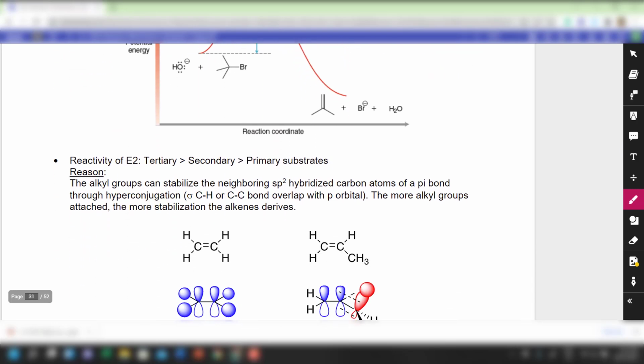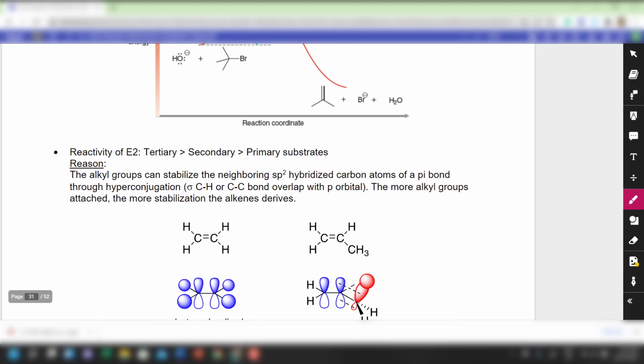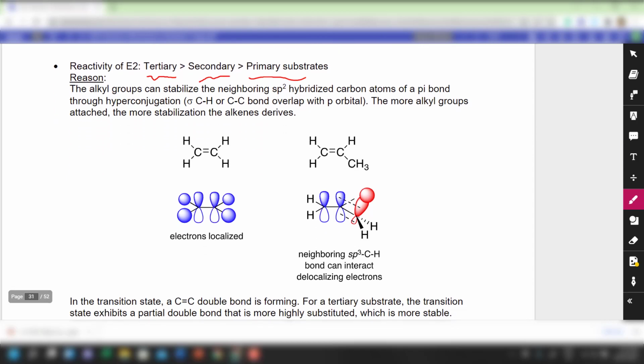Okay, so in this case, for the purpose of E2, over here it's written that the tertiary substrate is more susceptible to E2 elimination as compared to secondary, as compared to primary. Yeah, why is that the reason? Because remember, under the chapter of alkenes, you learned that the more substituted the alkene is, the more stabilized the alkene is.